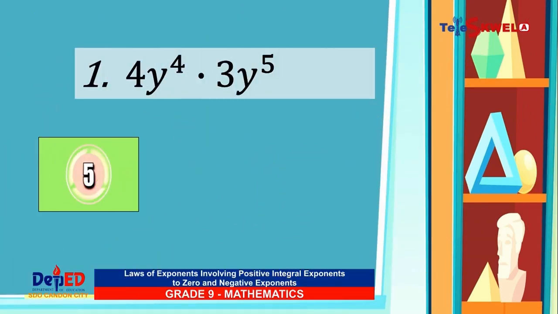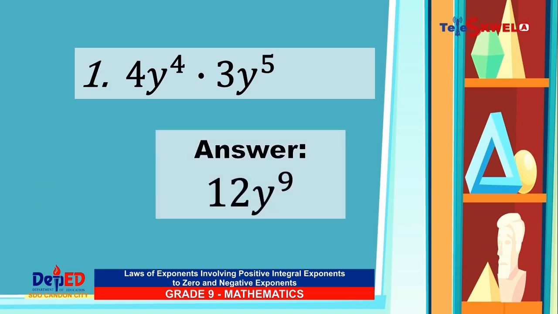Number 1, 4y raised to the 4th power times 3y raised to the 5th power. The answer is 12y raised to the 9th power. That's correct.